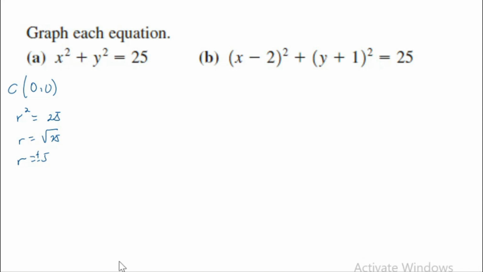For letter B, we have the square of x minus 2 plus the square of y plus 1 equals 25.